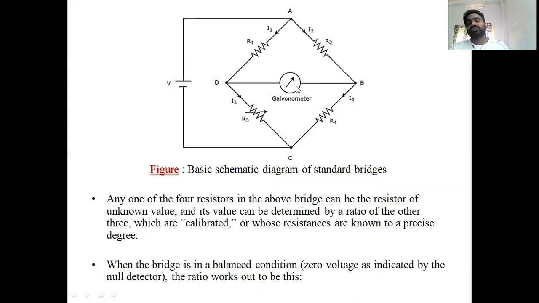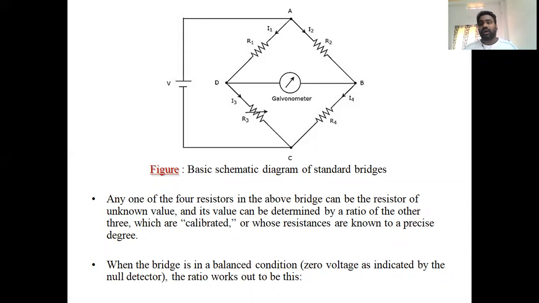Whenever there is no deflection of the galvanometer, the bridge is balanced. If the bridge is not balanced, the galvanometer will start oscillating from one point to another in order to show a certain amount of unbalanced current flowing through the bridge. This unbalanced current flowing in the bridge is experienced with respect to this galvanometer.